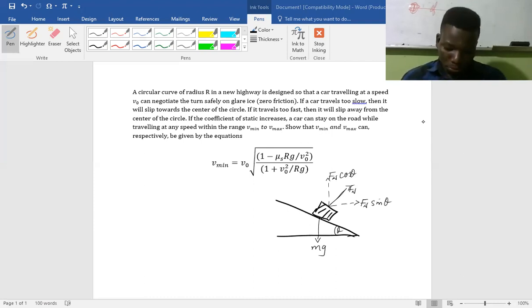Okay, so this question, I think we've already read the question, and here the only difference is when you are looking at it from the friction point of view. And we don't have to forget that relationship. Let me write the relationship that we found.